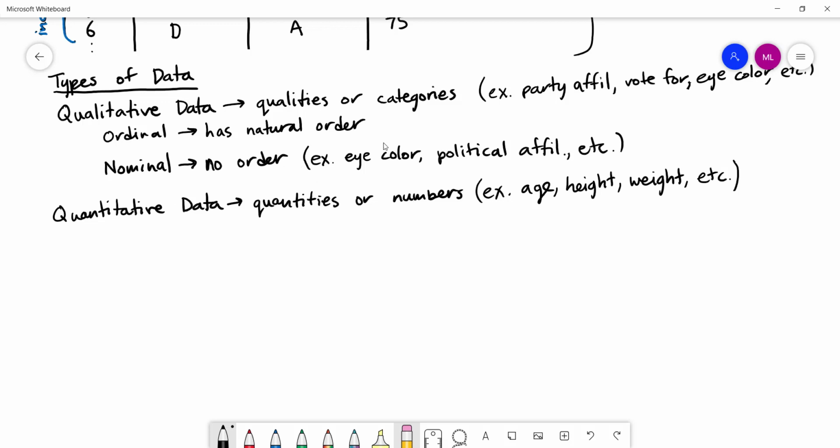So it's harder to come up with ones that do have a natural order. But some easy examples of this are things like letter grade. Again, it's not a number. A is better than B is better than C is better than D, and so on. So letter grade, there's a natural order. Maybe drink size or t-shirt size, large, medium, small.